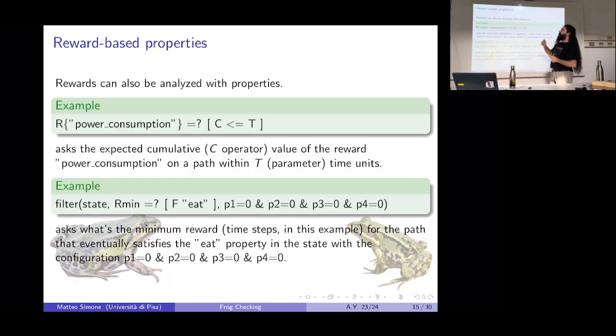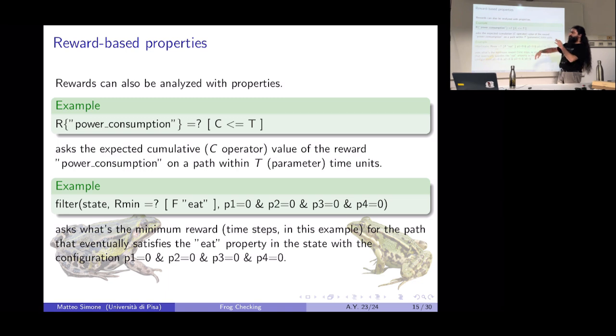We also have reward-based properties. If we want to verify properties on rewards, we have the operator R. If we have more than one reward, we can pick one of them to be analyzed with the brackets and all that stuff. This property is asking what is the reward power consumption accumulated, C, up to time t. This one is nastier.